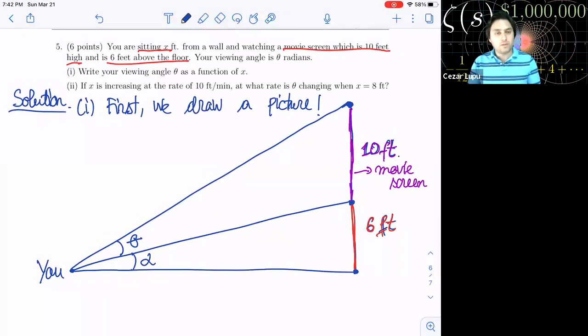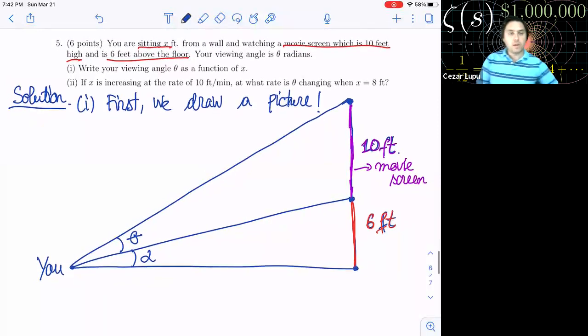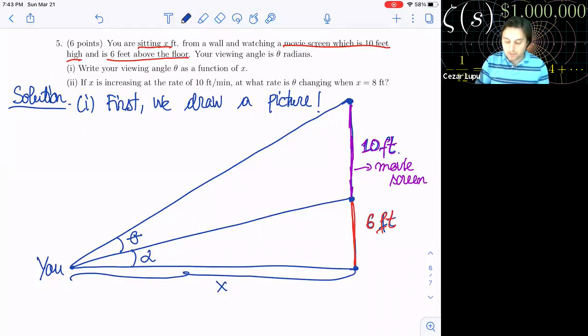And now what we need to do first is write our viewing angle, theta, as a function of x. So who is my x? That is the question. Because I'm sitting at x feet from a wall. So this is x feet from the wall, right?